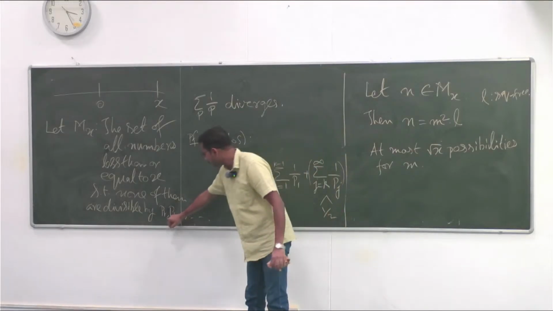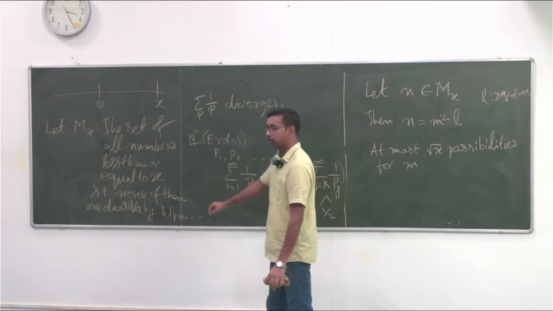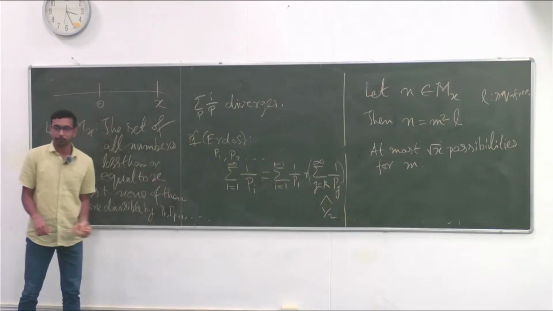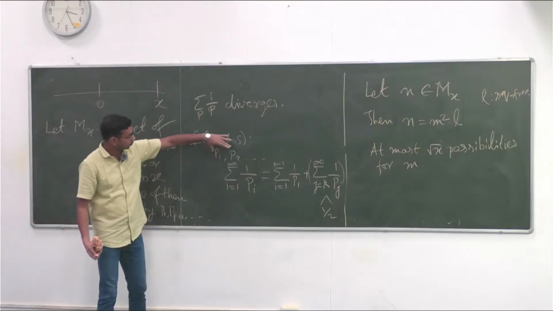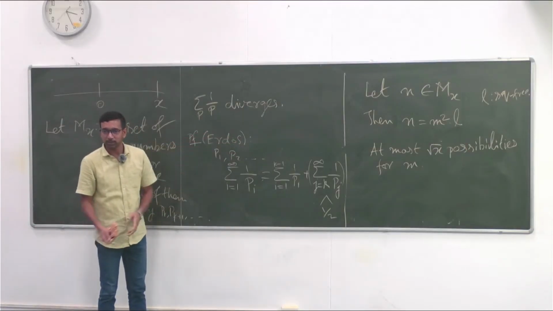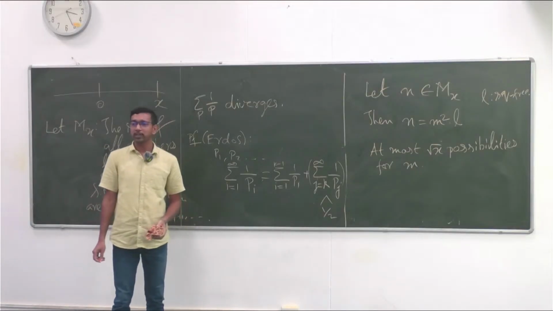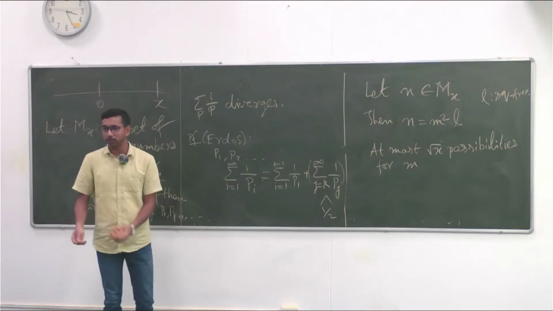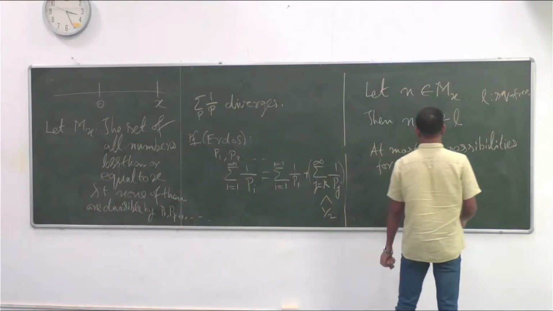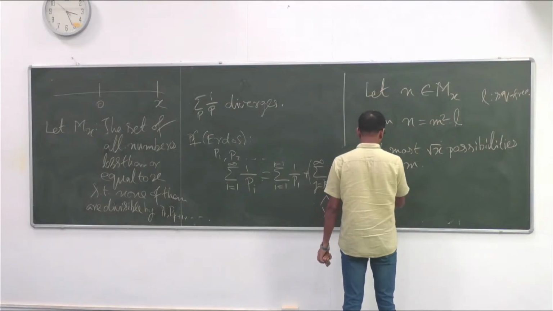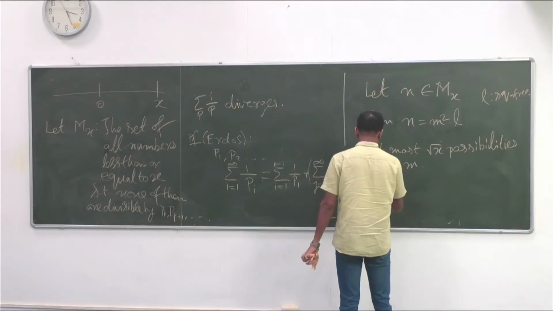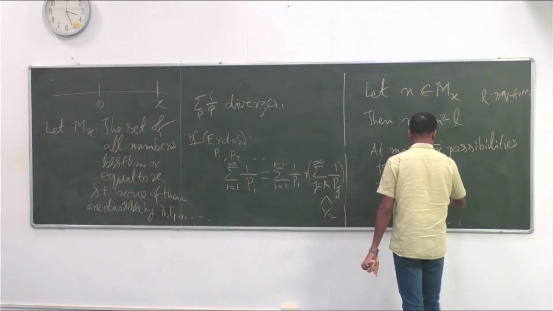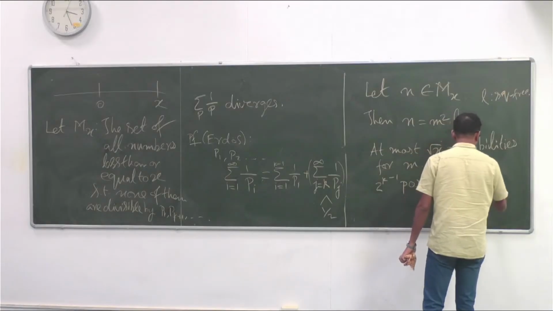We said that the numbers in Mx are not divisible by the higher primes. So the square free part can come just from products of the first k minus 1 primes. We choose none of them, or all of them, or any subset of them. So there are exactly 2 power k minus 1 possibilities for l.